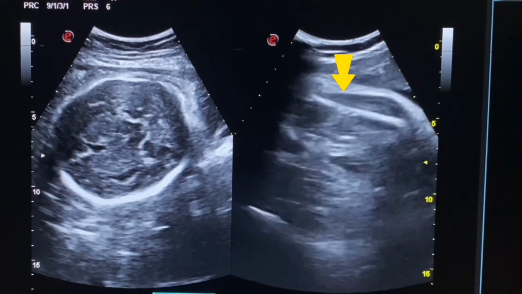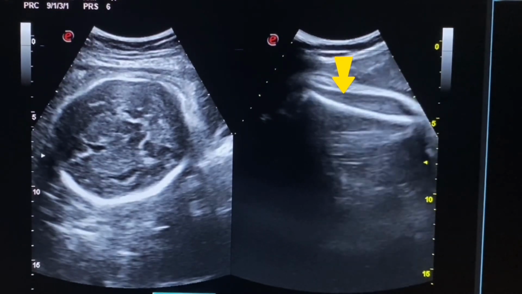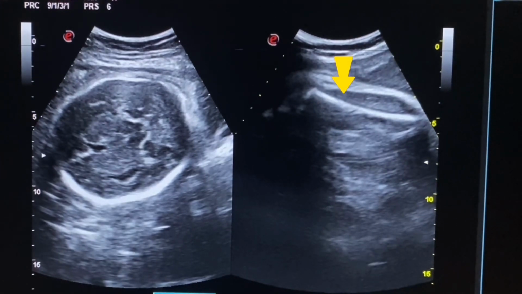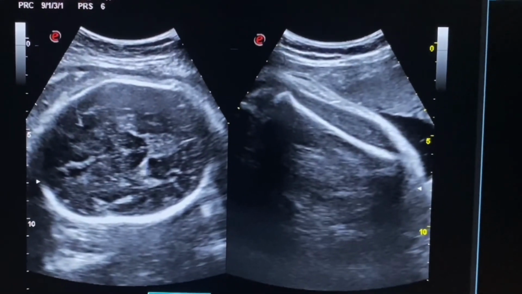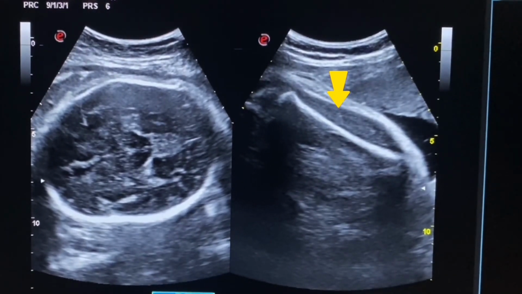Now we slowly slide the probe to take the clear view of femur. Now we will rotate the probe to take the longitudinal view of the femur. Remember that there should be no curve in the femur bone because it will give a difference in the gestational age.